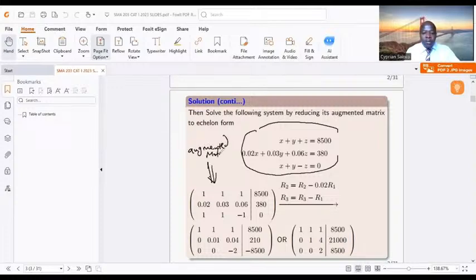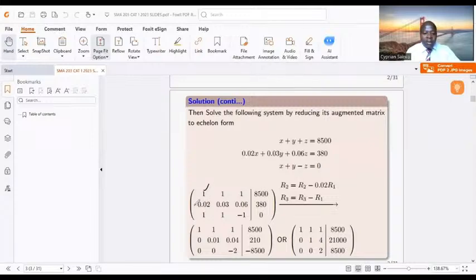Now we reduce this augmented matrix to echelon form by performing some row operations on it. What I'll be doing is that I want to remain with this element as the only non-zero element in the first column.